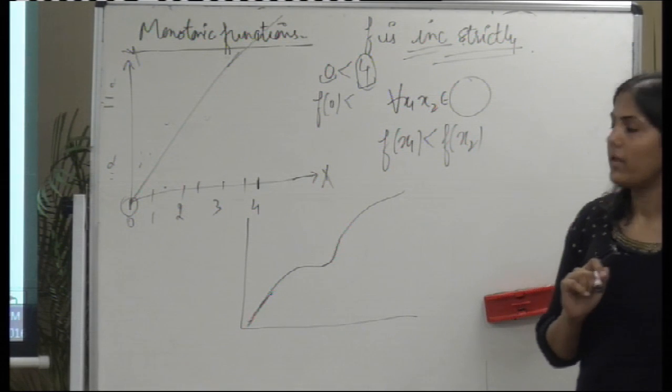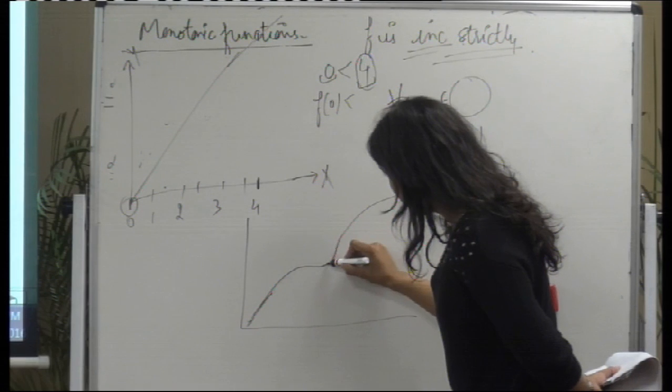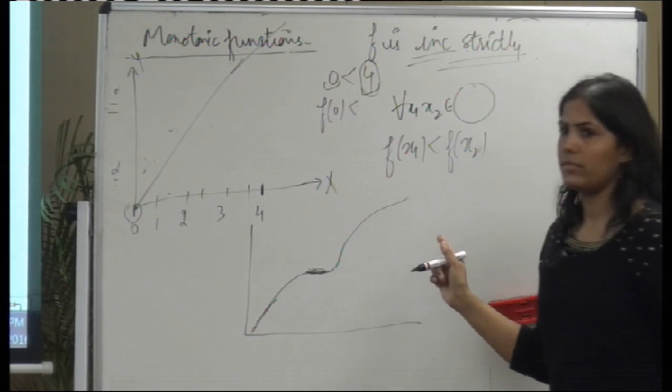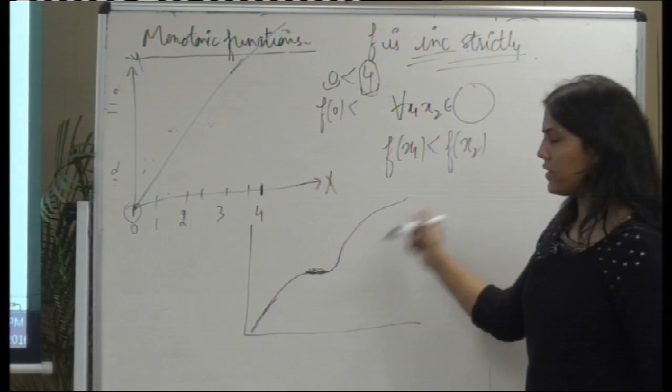What about this function? Increasing or strictly increasing? Because here you see for two distinct points the image might be equal. Okay, it is clear from the graph. This is strictly one, this is not strictly, but it is increasing. All agree?